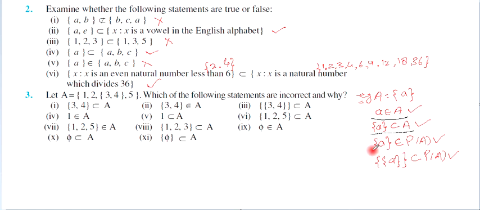P of A is the power set of A. Power set contains all subsets of set A. So this is one subset of set A. So it is an element of P of A. Then this element, again we write in the double braces. So it is a subset of P of A. So these are the methods to write the element and subset here.